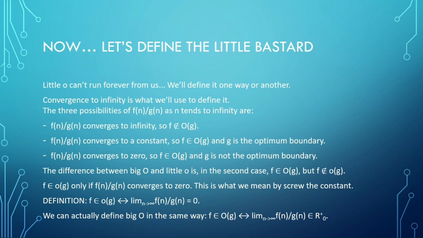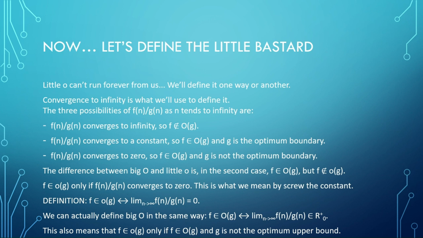So also, we can actually define big O in the same way. We can define big O in predicate form, but we can also define it in terms of infinity limits. So f is big order g only if the limit as n tends to infinity of f of n over g of n is in the positive reals, including 0. Yes, I still believe 0 is not real and yet still rational, but big O can actually be defined in terms of infinity limits too.